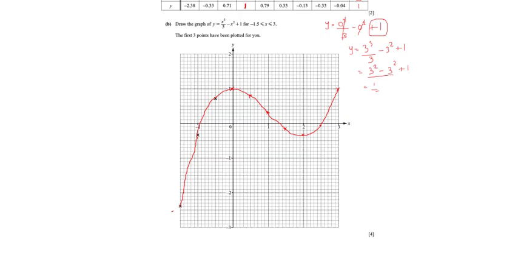So I think this function is crossing the x-axis at 3 points. One is here, the other one is here, and the third one is here. So it has 3 values. You can see that it's a third degree function. There is an x cube, so it will possibly have 3 solutions.